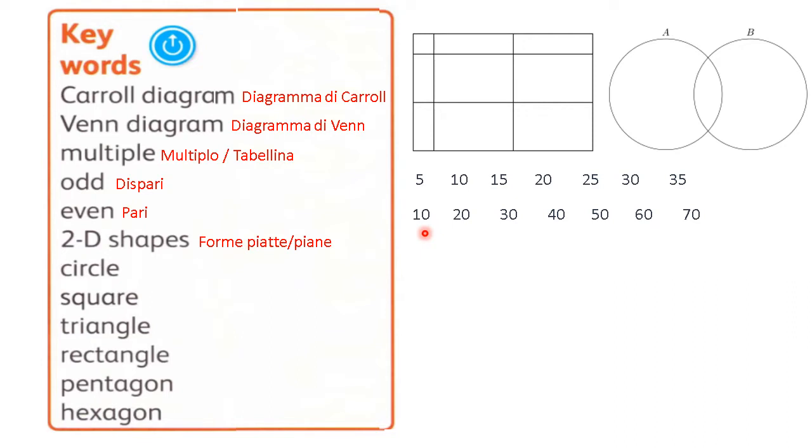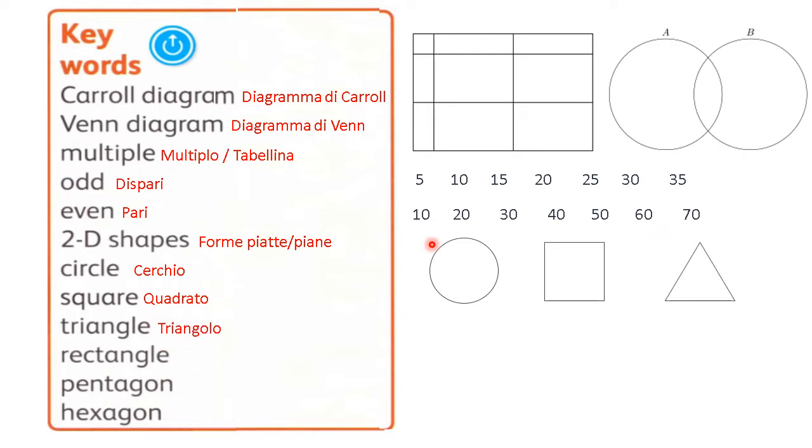2D shapes are flat shapes. A circle is a 2D shape, and so are squares, triangles, rectangles, a pentagon, and a hexagon.